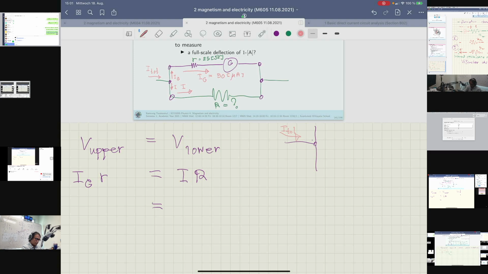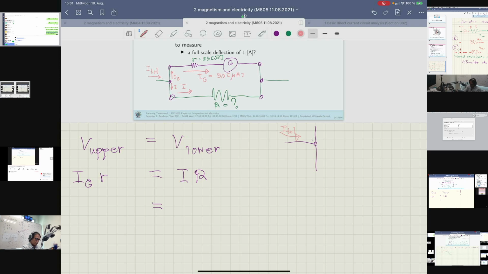So I total should be the summation of those two outputs, which is the summation of IG plus I. That's the normal thing.